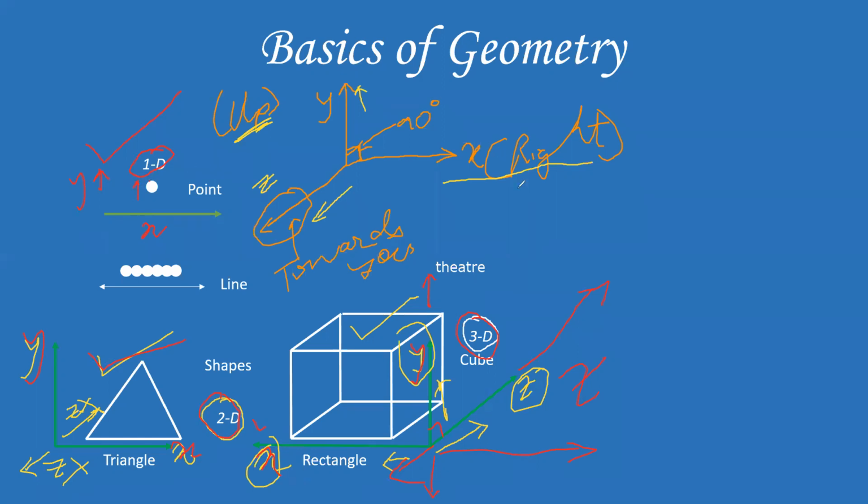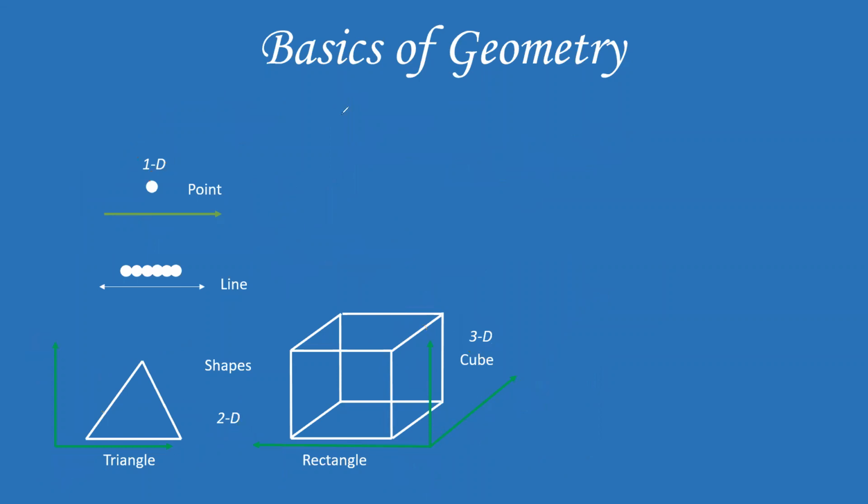So basically 3D is X, Y, Z, all three. 2D is only X, Y. And 1D is either X or Y. So this is a very basic concept. 3D is three directions, Z, Y, X. 2D is two directions, X and Y. And 1D is only one direction, which is X, or it can be Y, depending on how you look at it. This is a very deep concept, I understand.